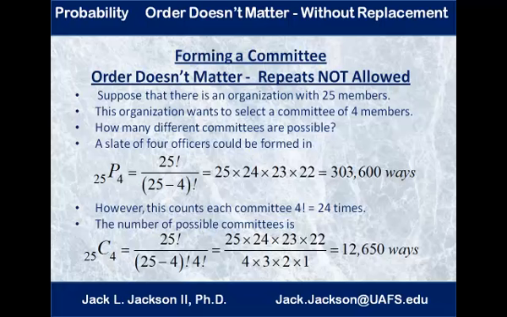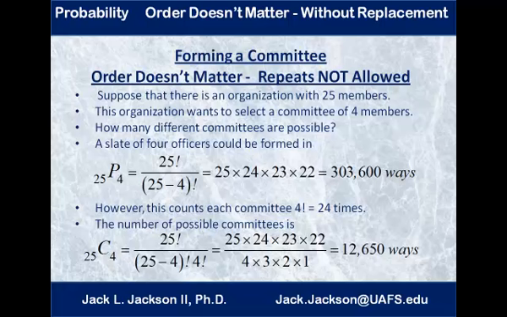In every group of 4 people, again, we've counted them that many times. So we need to divide this out. Divide this number by the number of ways of taking 4 people and put them in order. Well, we already know how to do that. That's just 4 factorial. So we want to take our 25 times 24 times 23 times 22 and just divide it by 4 times 3 times 2 times 1. Now look, 4 times 3 times 2 times 1 is 24, so that just cancels the 24 out in the top, and what we're left with is 25 times 23 times 22.